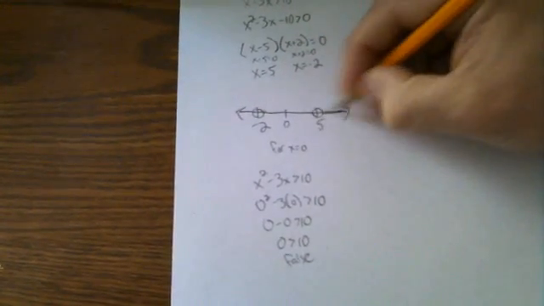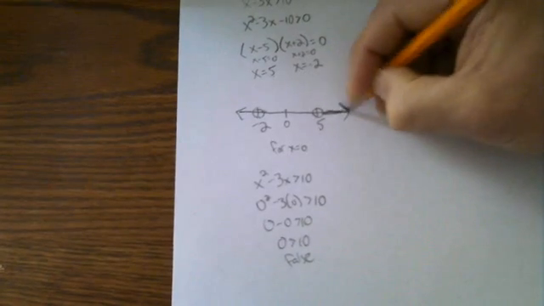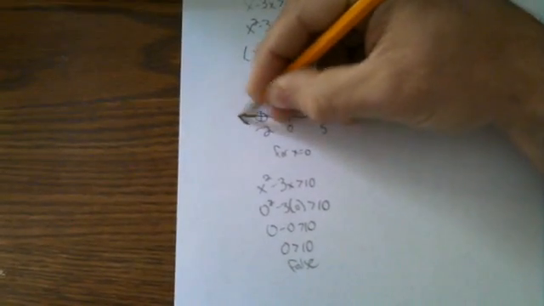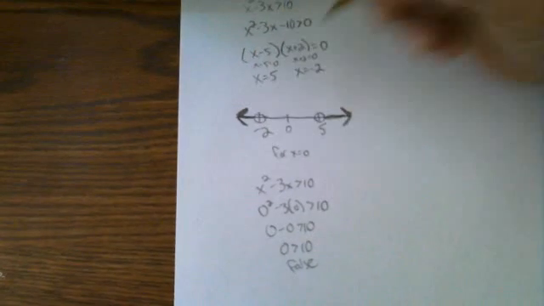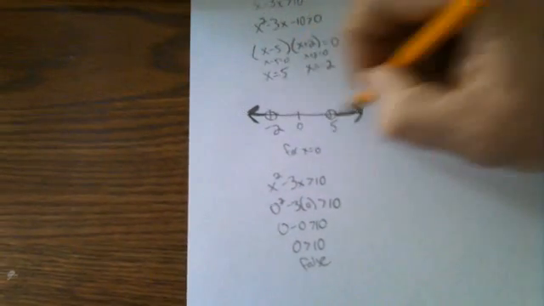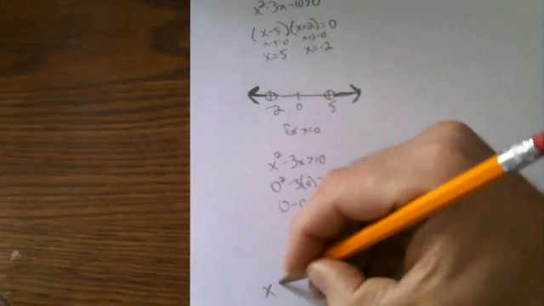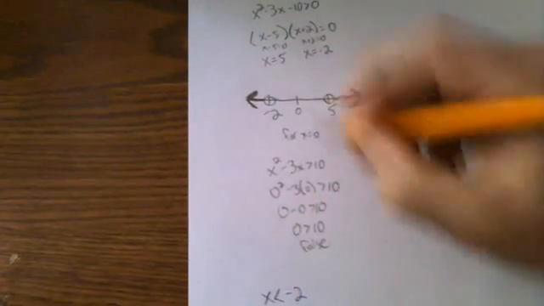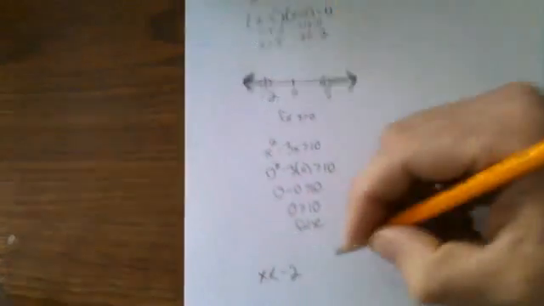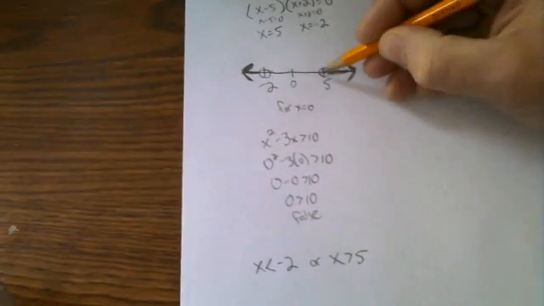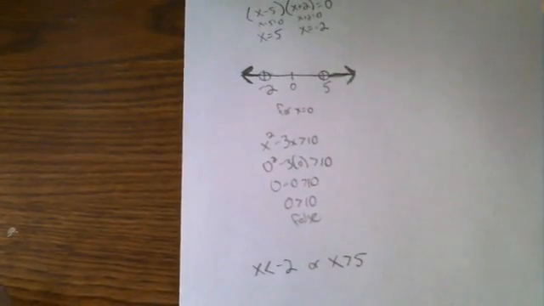I'm going to shade the outside now. So these are my solutions, and this number line helps you write it in solution notation. My solution is going to be x is less than negative 2, not including, or x is greater than 5, not including.